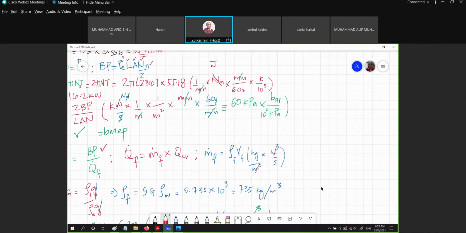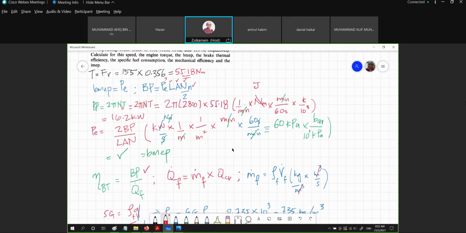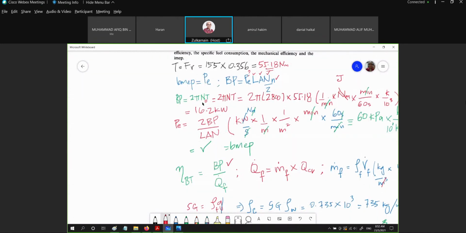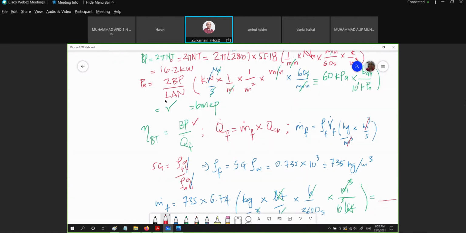Contoh macam ni yang kita buat tadi BP kan. BP sama dengan 2 pi N T. N bagi dyno. Dalam kes ni N dyno sama dengan N engine sama dengan N. Sini kita tak bagi dengan 2 tau, sebab ini kita ambil BP ni bukan daripada engine, tapi kita ambil BP daripada dyno. Ya. Dalam kes ini IP ni kena bagi 2 tak N ni?